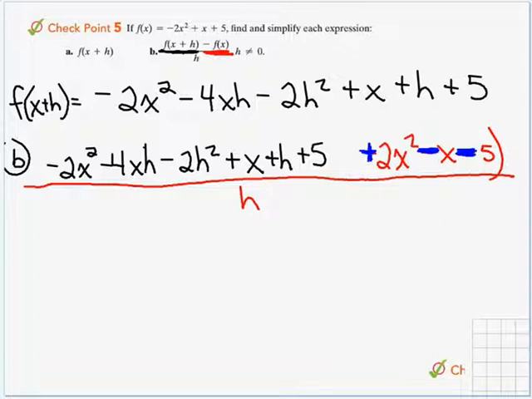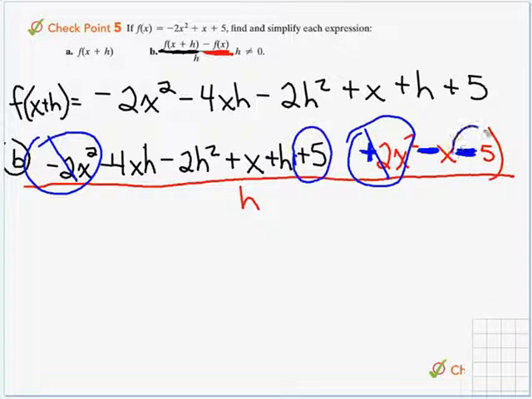So let's collect our like terms. Again, you notice these do always fall into a pattern. Leading term is a minus 2x squared, and there is a plus 2x squared to take it out. We have this constant plus 5, another constant minus 5, take care of each other. Here is a minus x, here is a plus x, they take each other out. And now every term left in the numerator contains an h.